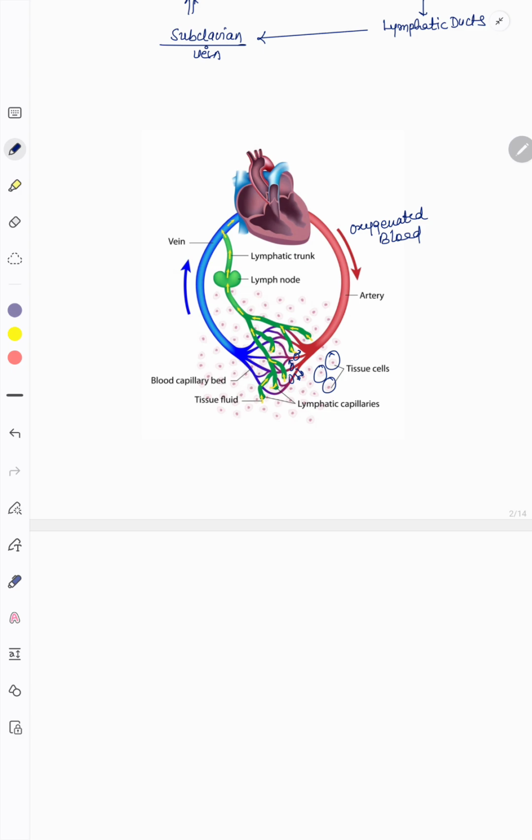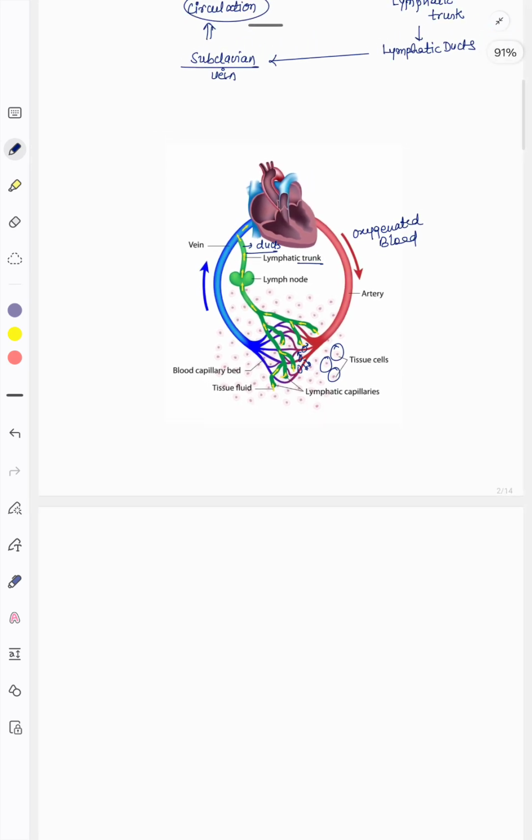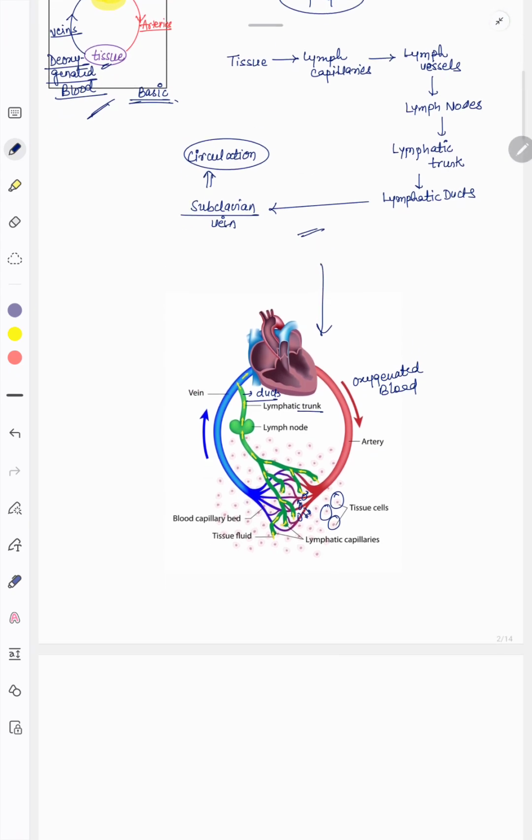From these lymph capillaries, lymph vessels, lymph nodes, lymphatic trunks, ducts, and last, see, trunk. Here later it will be ducts. Then later we'll go into vein. Which vein? Predominantly subclavian vein. So this is the pictorial form of whatever we have written here. This is just to understand.